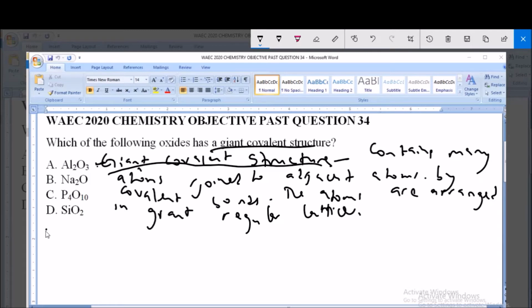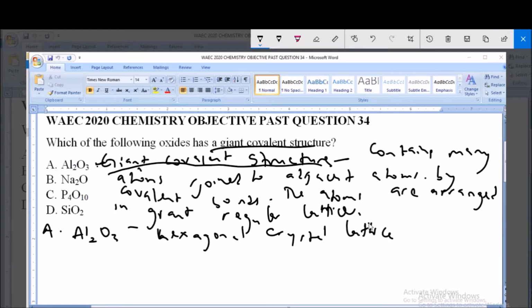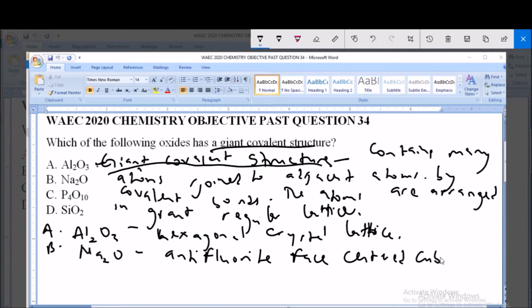Now the first one, option A, aluminium oxide, has a structure which is described as a hexagonal crystal lattice. So that is the best description for the structure of aluminium oxide. Now for sodium oxide, it has a structure which is best described as an anti-fluoride face centered cube.